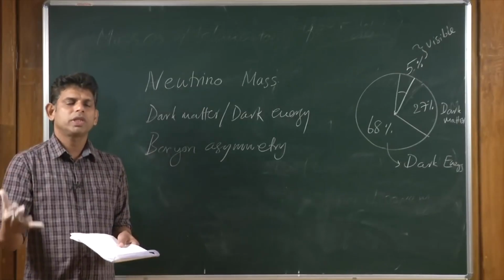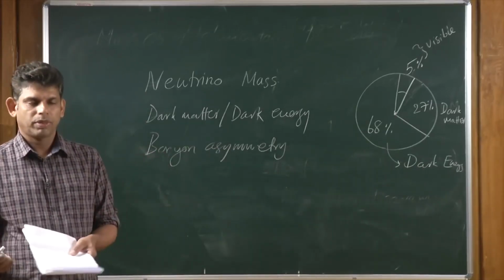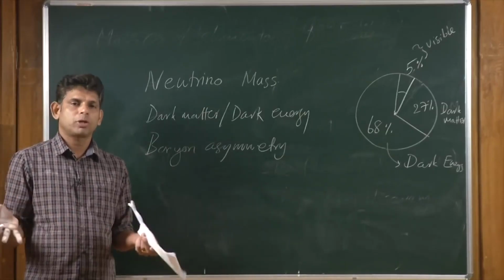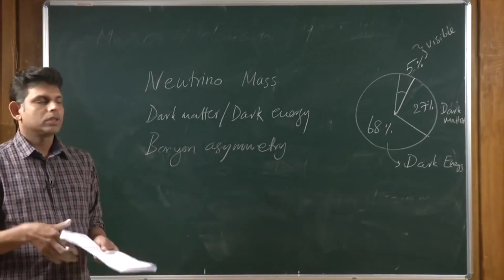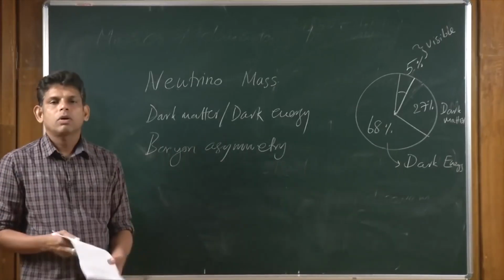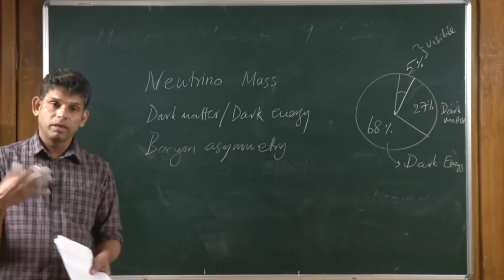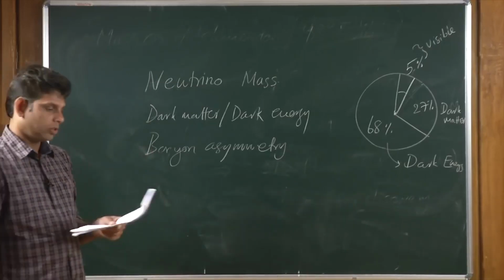And we have also seen them in the laboratory. We can make them and study them. But when you look at the universe as a whole, we do not see any of them naturally. Naturally we see only particles, not antiparticles. This asymmetry is not understood, and that is a big active topic of research today.